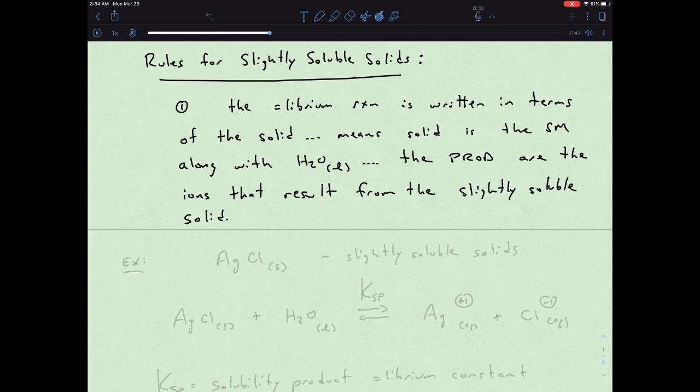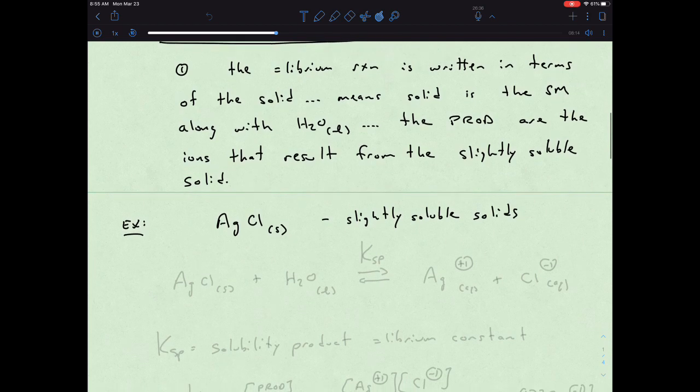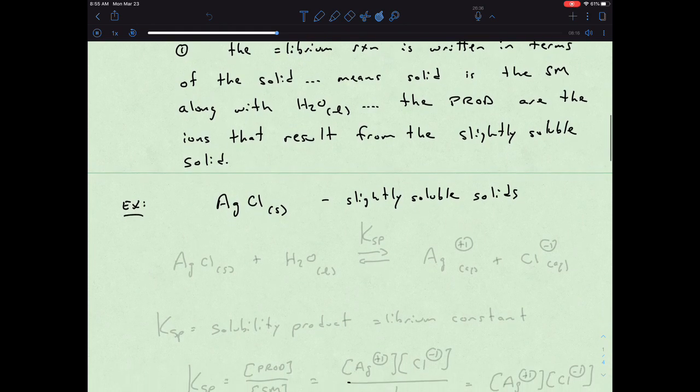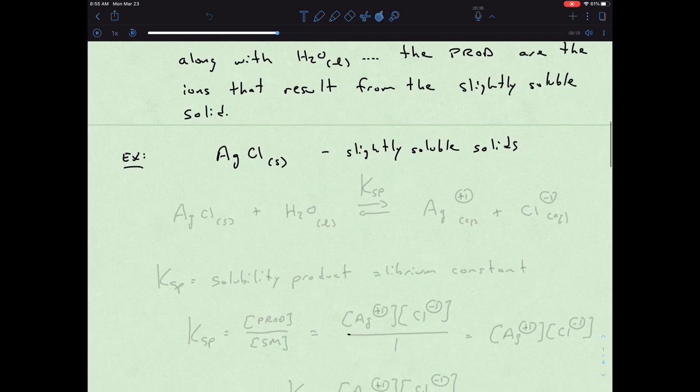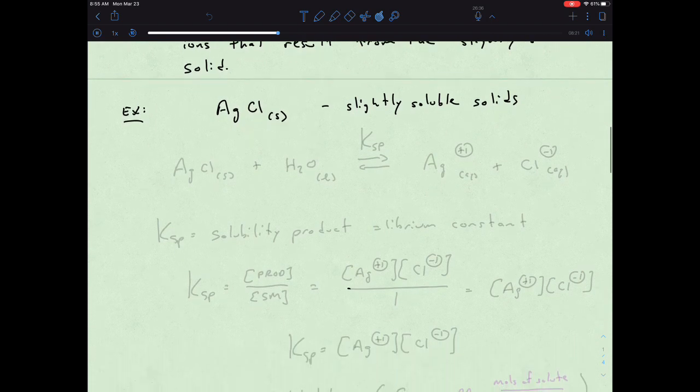As an example of that, we could talk about silver chloride as a solid. It is one of these that falls into our category of slightly soluble solids. Remember that chlorides tend to be soluble in molecules like sodium chloride, for instance.